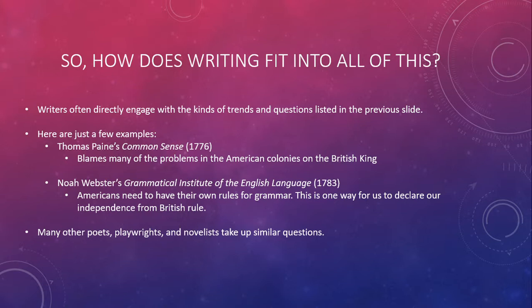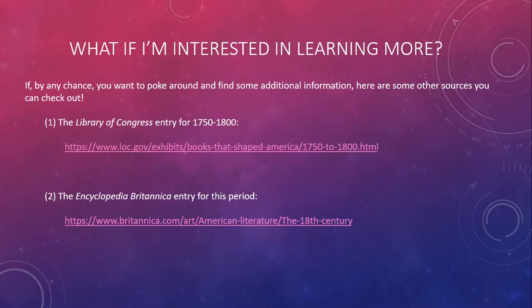Now, in addition to these two books, and again, there are two of many, and your professor will likely have some others that they will have you take a look at. So in addition to these two books, many poets, playwrights, and early novelists write in ways that specifically think about the importance of individual thought, the problems that sometimes come with authority figures, and the focus on reason.